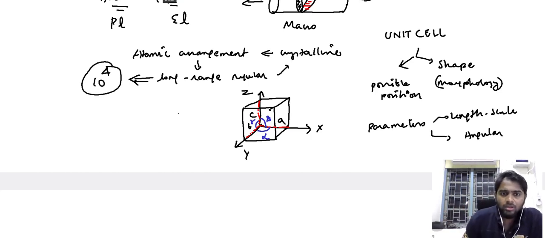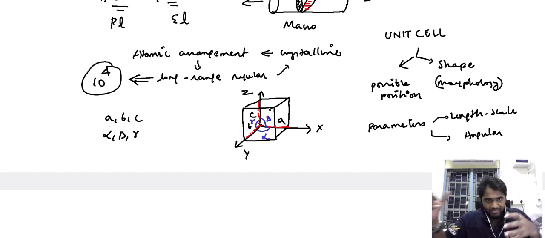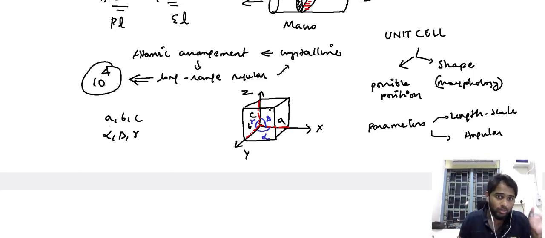Now, when you consider the different possibilities, we have length scale parameters and angular parameters. So, there are different possibilities that we can attribute to these parameters. All the sides can be equal, all the lengthwise parameters can be equal, all the angular parameters can be equal, one can be different, so on and so forth.